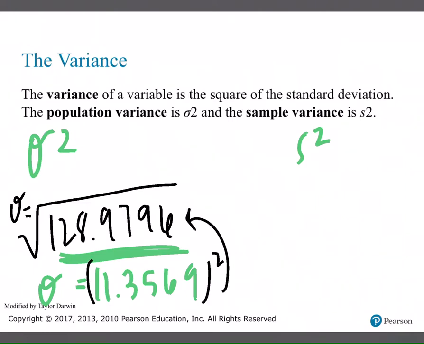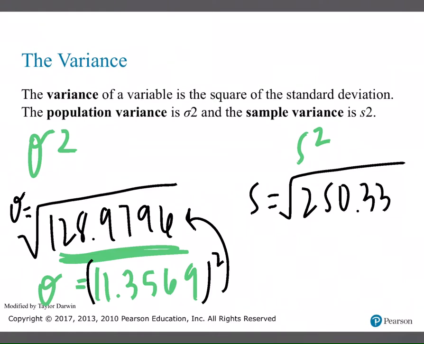So it works either way. And then for the sample, when we were doing this, we got 250.333. That number is our variance right before you square root it, so it works either way.